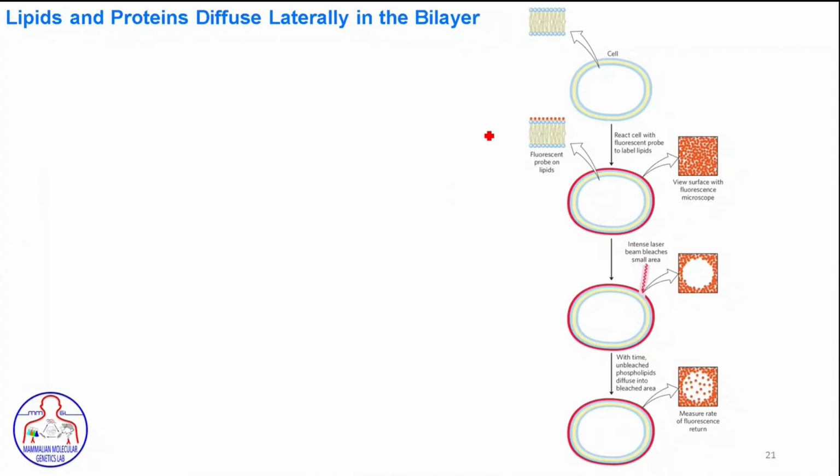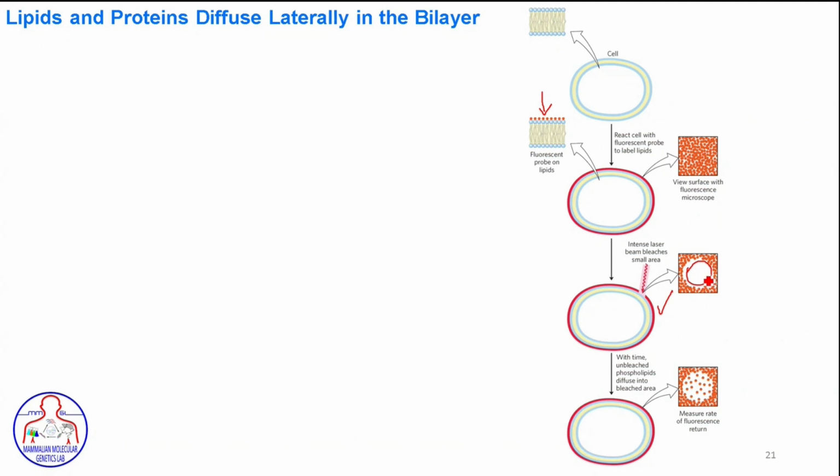So how can we prove that the lipid bilayer is a kind of fluid mosaic model? From this experiment we can see that we stain the phospholipids of one cell, and then we impinge some laser light on one spot so that there is bleaching at a specific spot on the lipid bilayer of this cell.